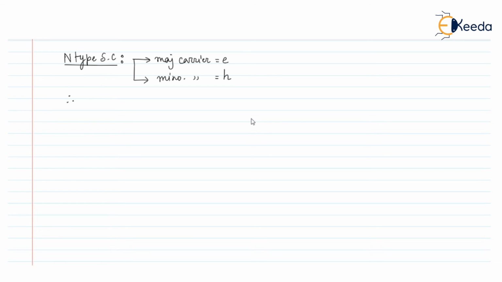So we can write that rate of change in the minority carrier, that is the hole concentration, will be equals to minus alpha r into n0 into del p.